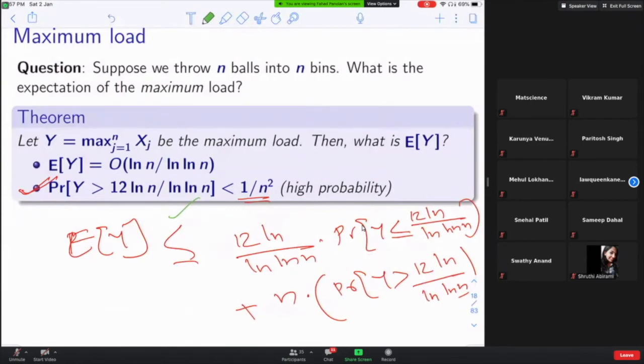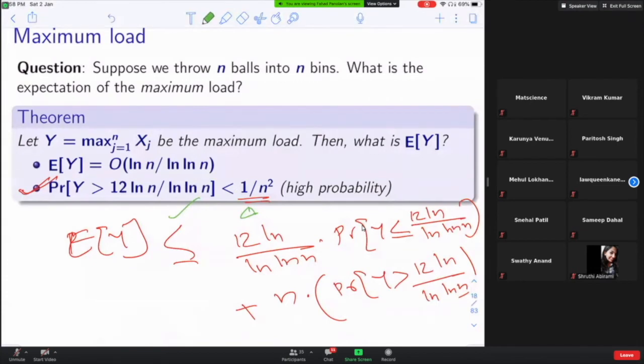Clear? And for the remaining, I'll call it delta. Delta plus 1 times the probability that y is equal to delta plus 1, plus delta plus 2 times the probability that y is equal to delta plus 2, plus etc. And at the end, n times the probability that y is equal to n.